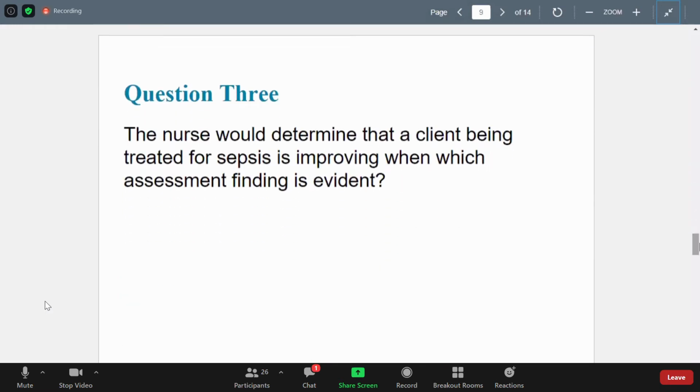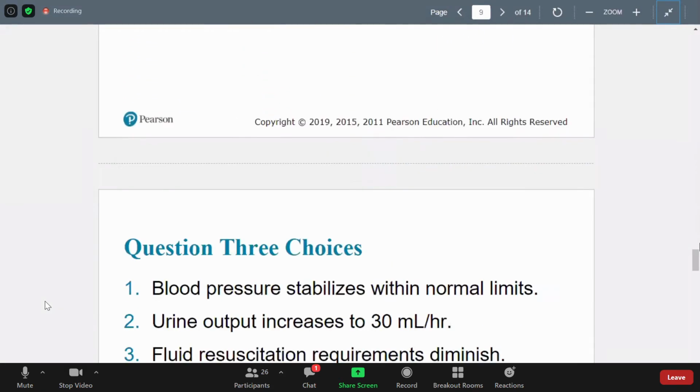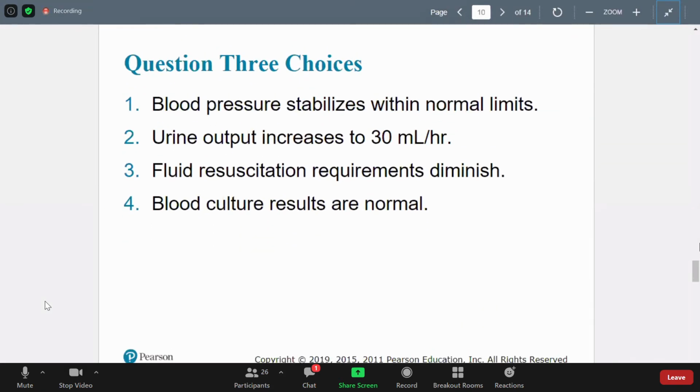Question 3. Three. What was the answer? Three. Fluid resuscitation requirements diminished.